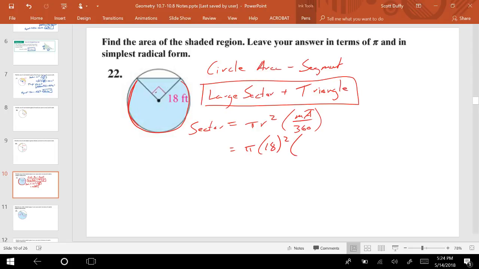What we see is that this is 90 degrees. So the rest of this angle would be 360 minus 90, which is 270. Right there, 270 degrees over 360.